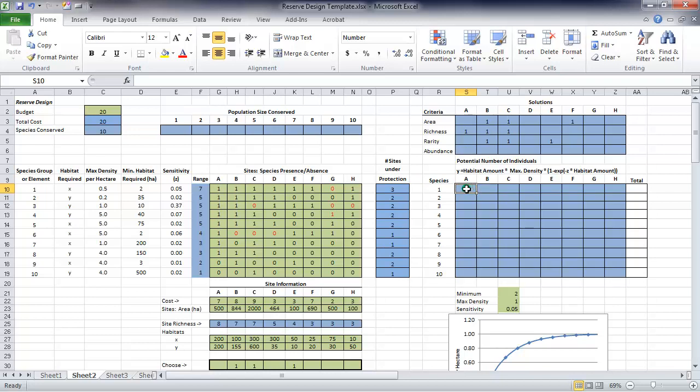It requires habitat X, and we're dealing with site A. So this equation, the number of individuals we expect of species 1 in site A, is the amount of habitat X in site A times the maximum density for species 1 times the term 1 minus EXP, the negative of the sensitivity score, times the habitat amount.